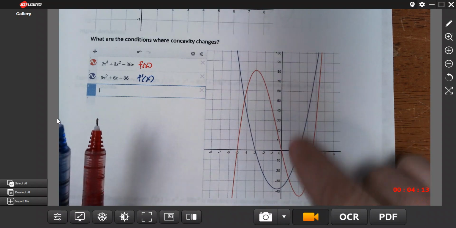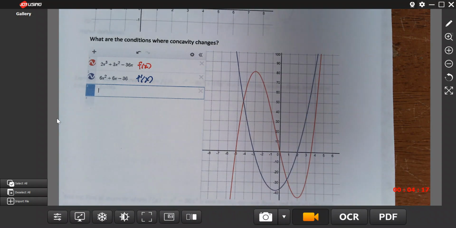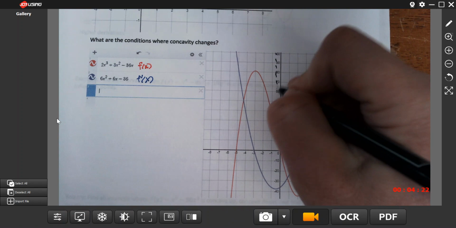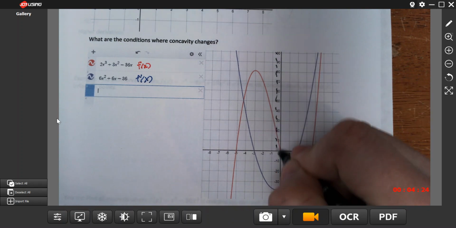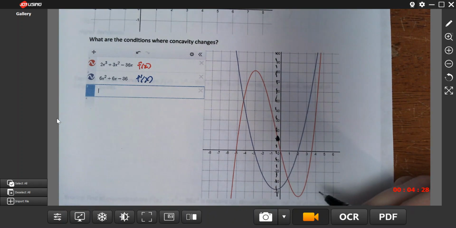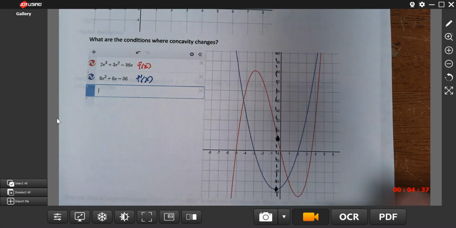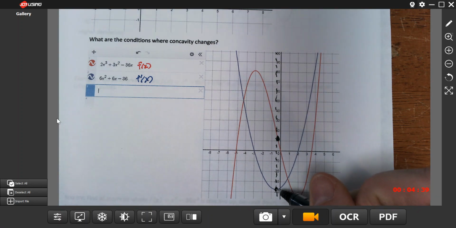Right around there in x, what is going on with the derivative? Let me draw a little dotted line here. Right around here, the concavity changes. If you look at our derivative, notice right there on the derivative, that is a place where it has a minimum.